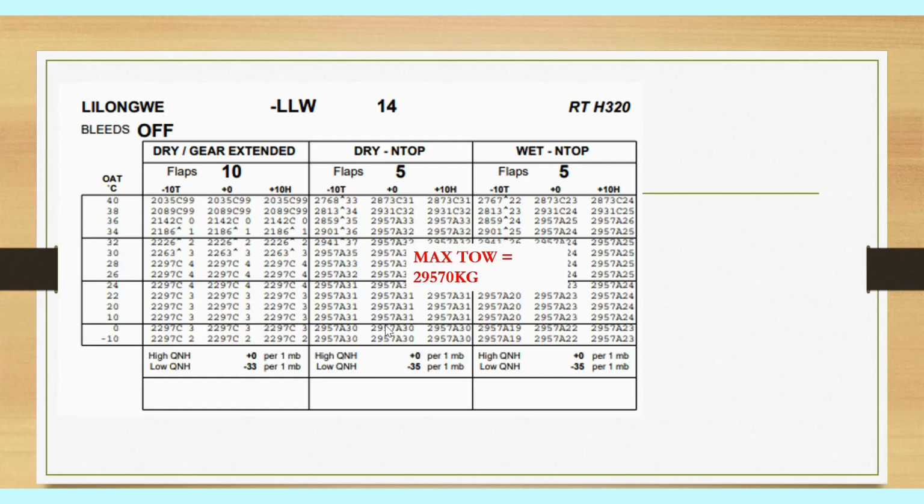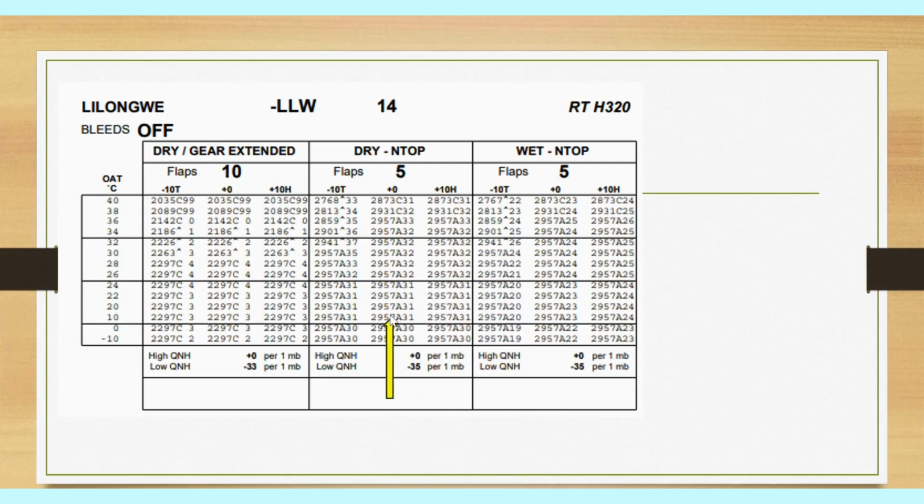The reason is that this airfield is on the lower side, so as temperatures get lower and lower, we can carry approximately the maximum certified weight of the aircraft. And as temperatures increase, the higher the temperature, the less weight you can carry for performance reasons. That's good.